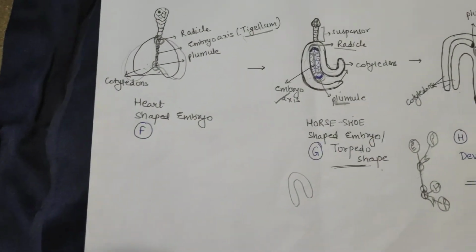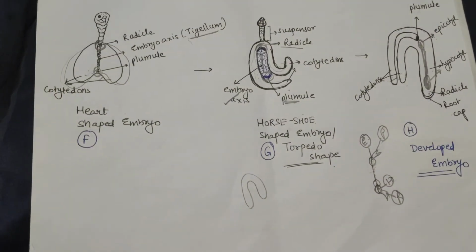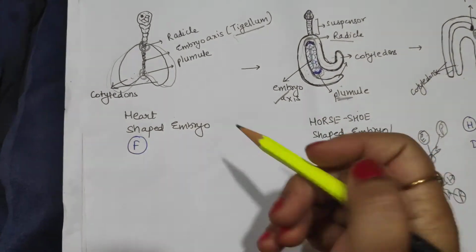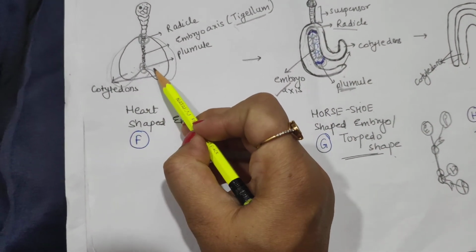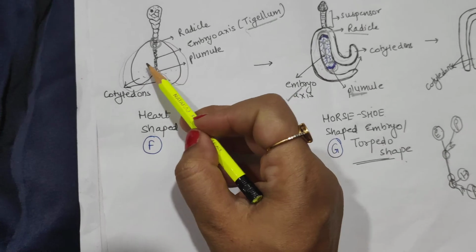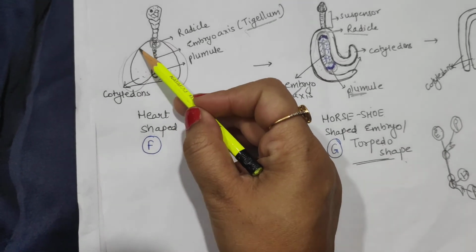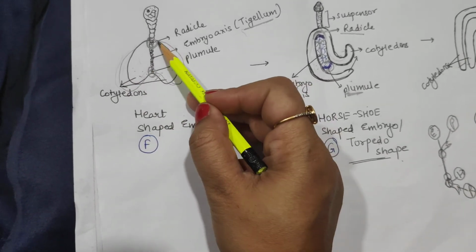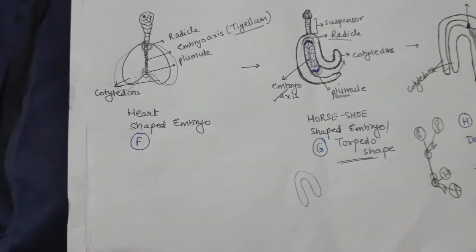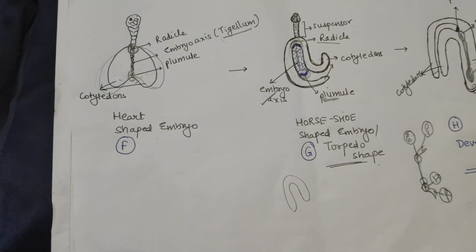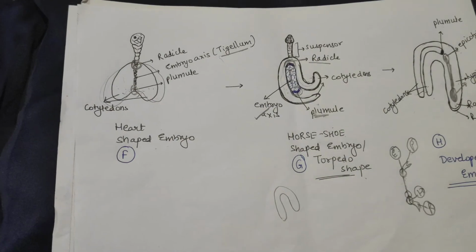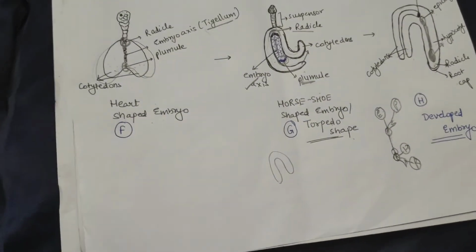Okay. And later on, when the division continues and food is continuously stored in the cotyledons, they become heavy, and due to heaviness they hang down in structure, making a heart-shaped embryo. Right? So in dicots, complete food is stored in the form of cotyledons.